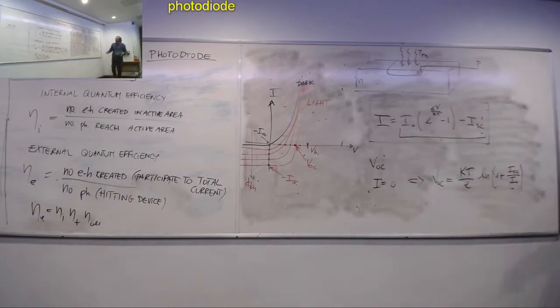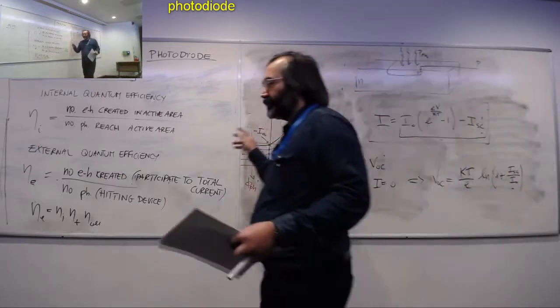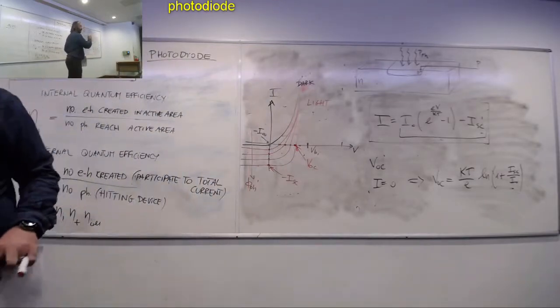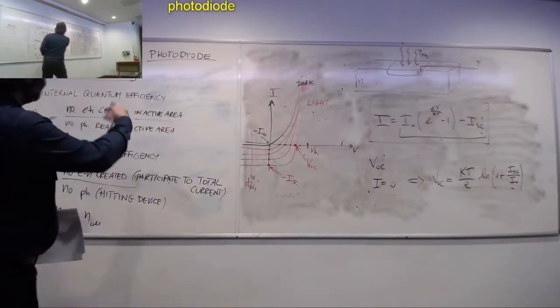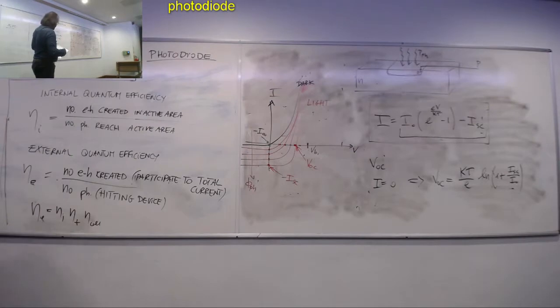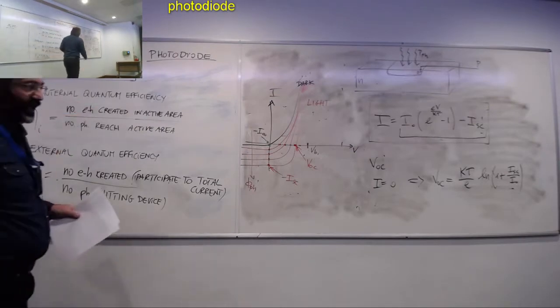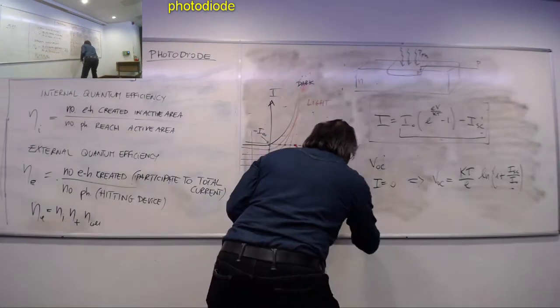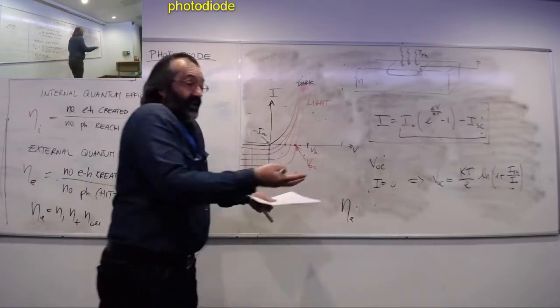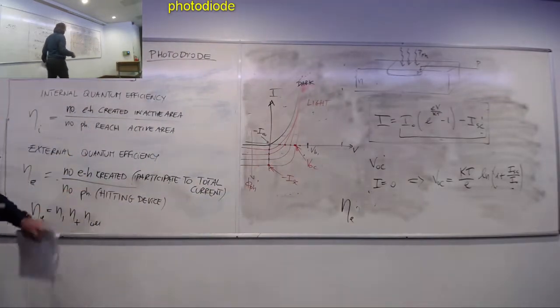And furthermore, we can now find out a relation, as we did previously for the LED, also for light absorption processes. And so here for the diode, we can look for a relation starting from the fundamental definition.